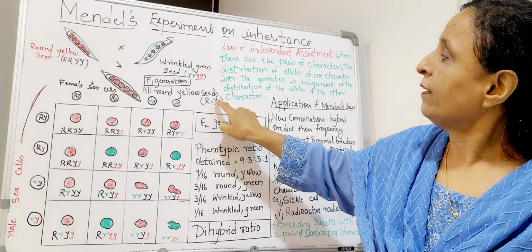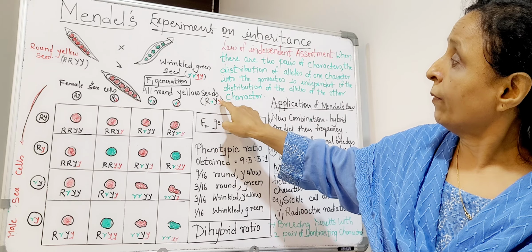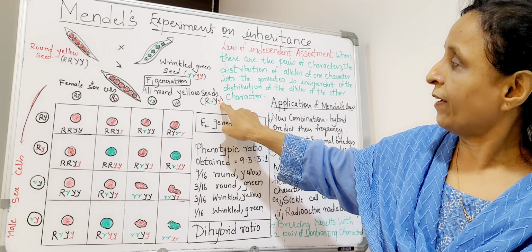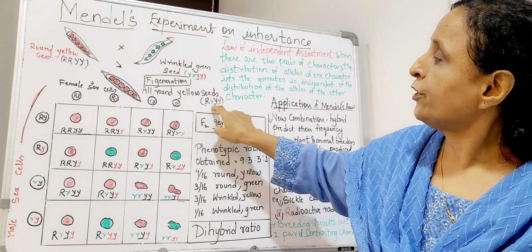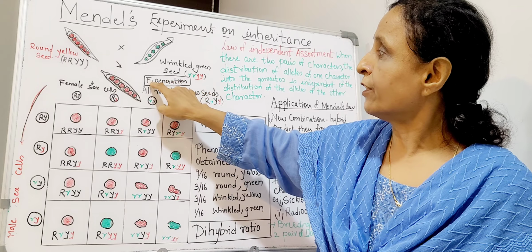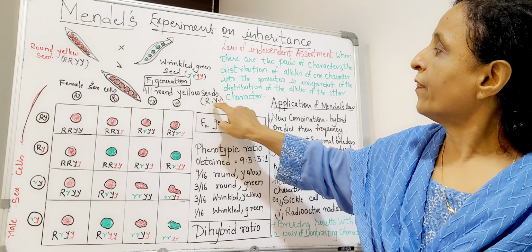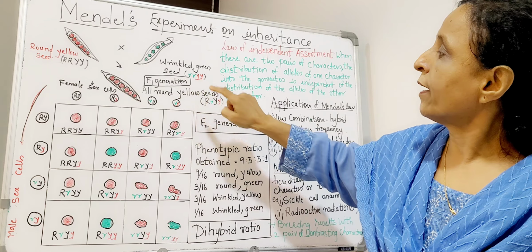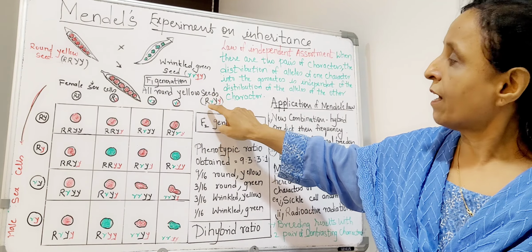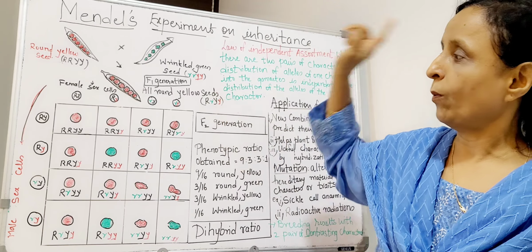So wrinkled and green, r is for wrinkled and y is for green. This is the genotype of the F1 generation. The F1 generation is all round yellow seed, and this is the phenotype. The genotype is capital R, small r, capital Y, small y.